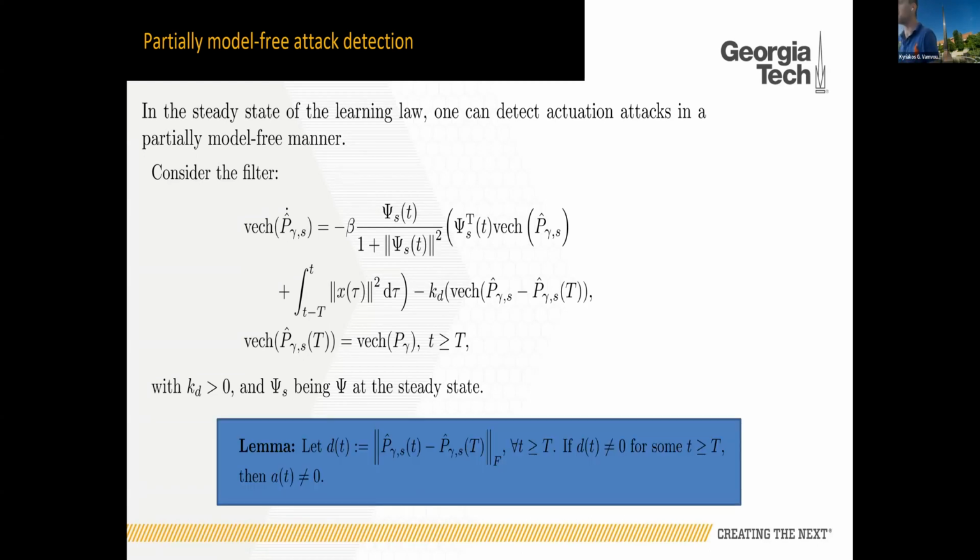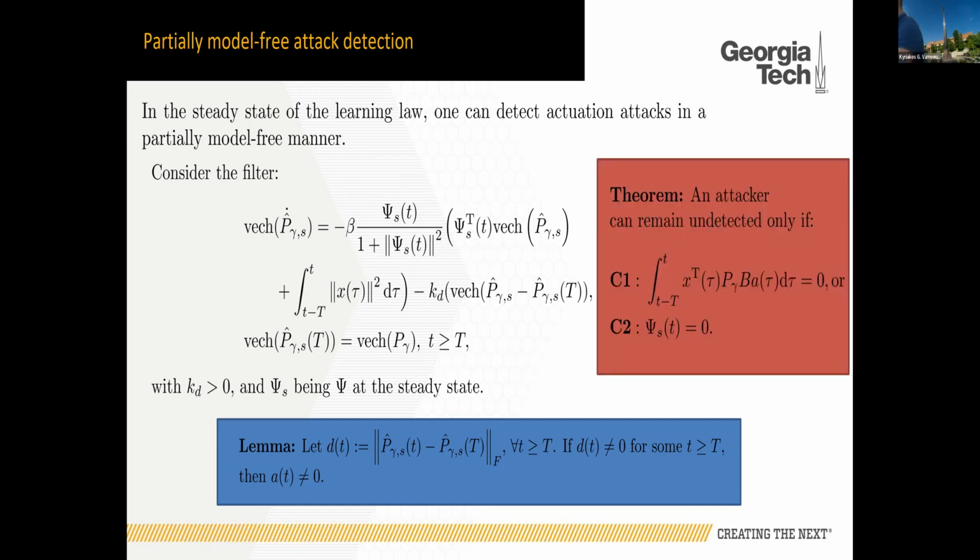Again, the disturbance can be isolated by the attacker by taking into account that while I estimate my p gamma, I can have some approximation errors, so the attacker can hide inside its approximation error. We have some guarantees about stealthiness, but it's similar to before.